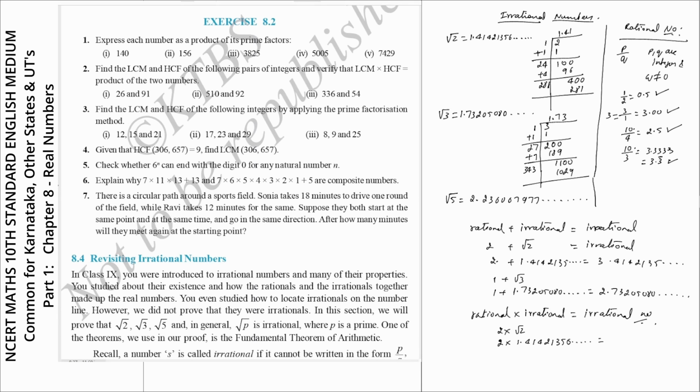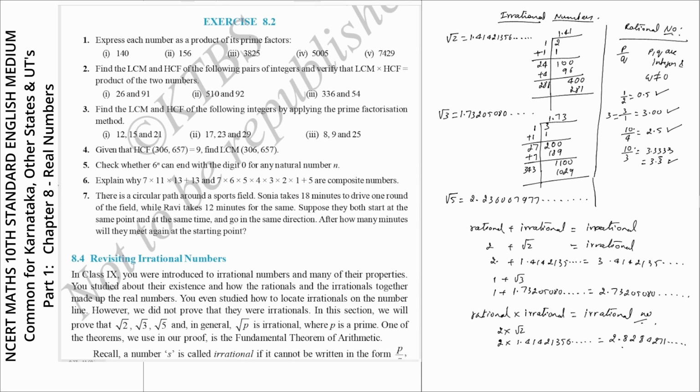When you multiply, you will get 2.8284271, like this, and it's not terminating, also it's not recurring. So this is also an irrational number.